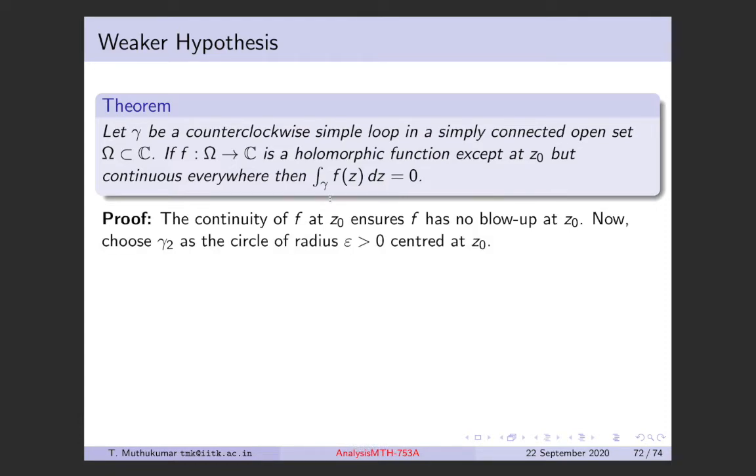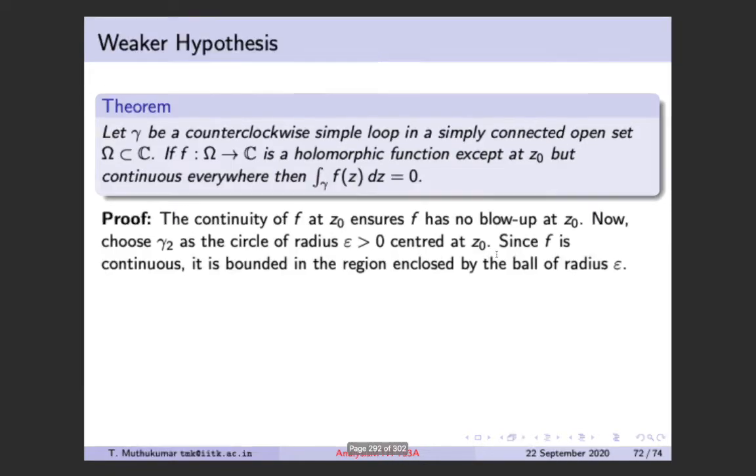So what you do is, at z0, the point where you don't have holomorphicity, you take a circle of radius epsilon. Choose some radius epsilon as small as you want, and take the circle of radius epsilon centered at z0.